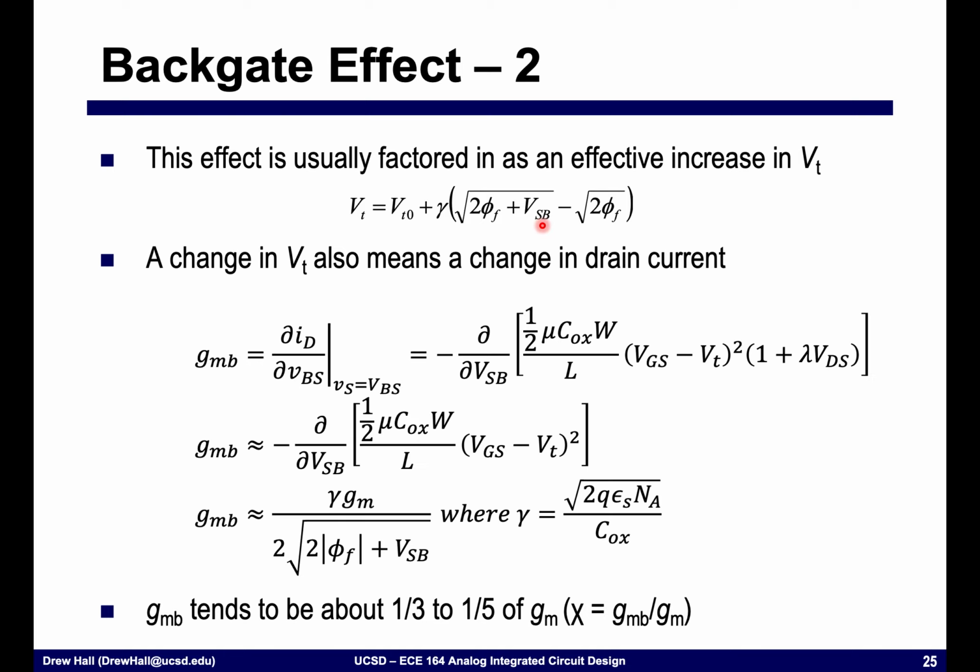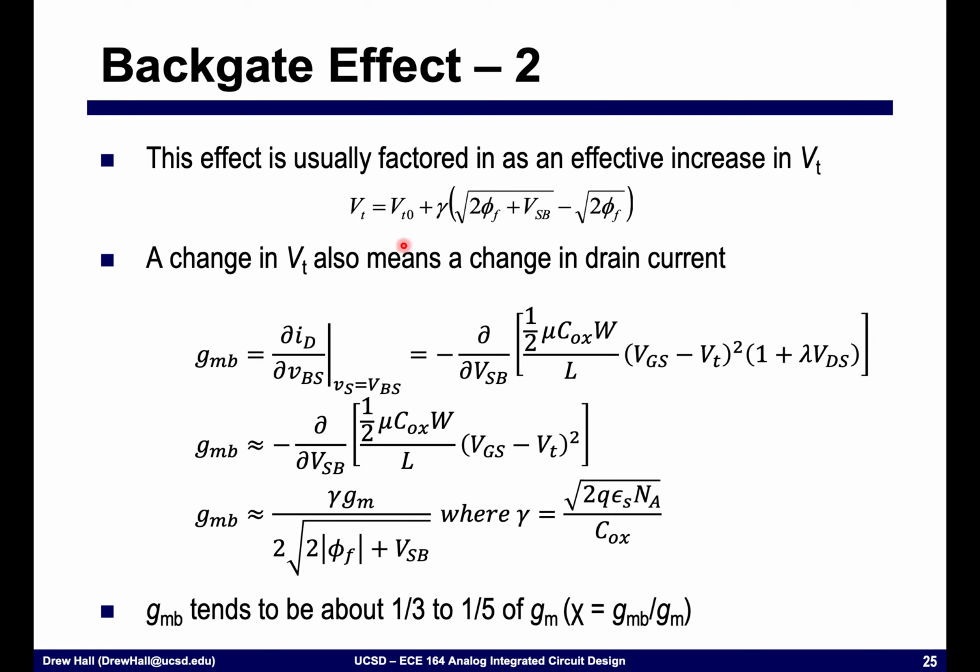And so what we need to do is derive a transconductance. We're going to call this GMB, where B is for the body or bulk. We're going to differentiate ID, the drain current, with respect to VBS. If you look at this expression, at first glance it doesn't really have a dependence on VBS.